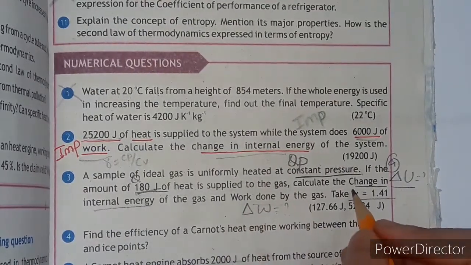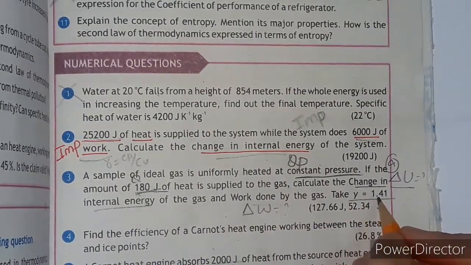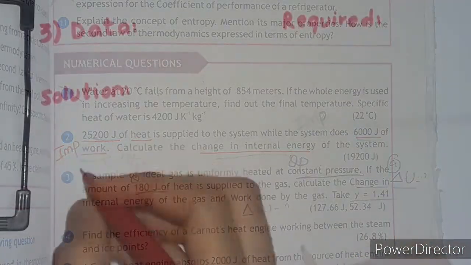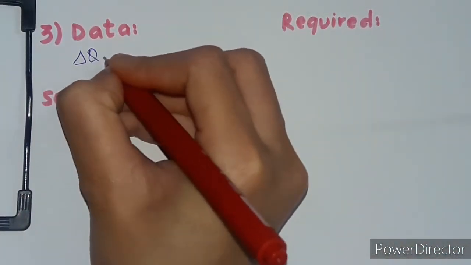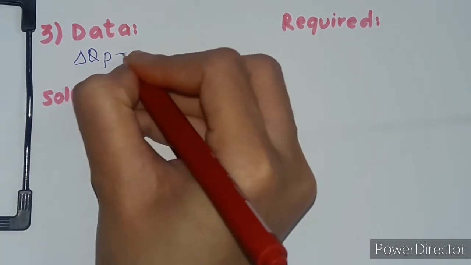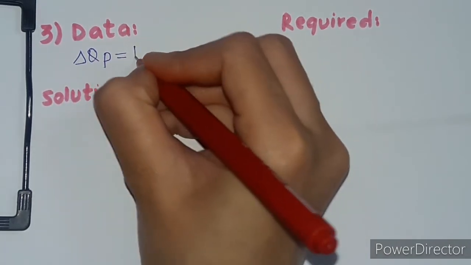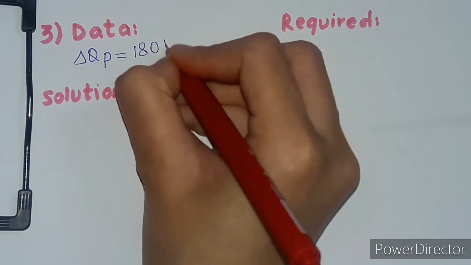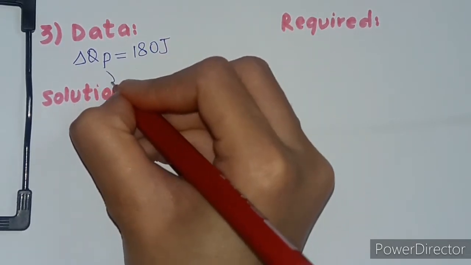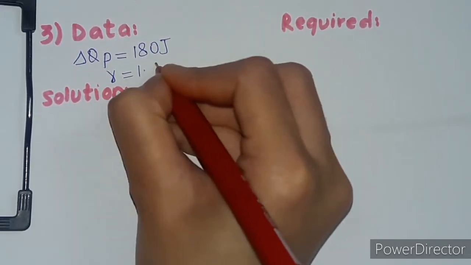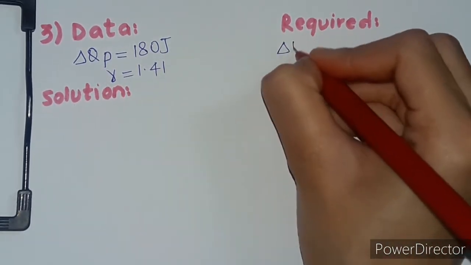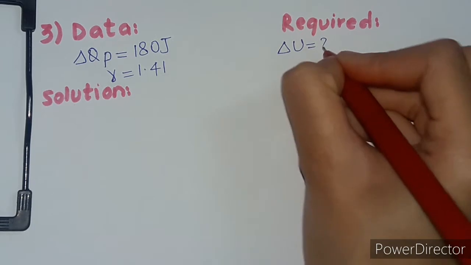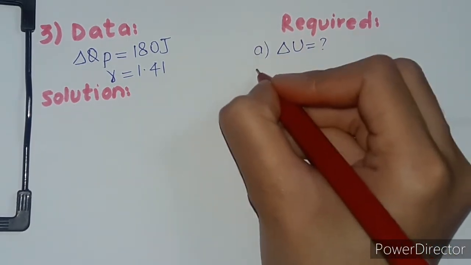We are given the value of gamma, which is 1.41. Firstly we have to find the change in internal energy. This is part A.